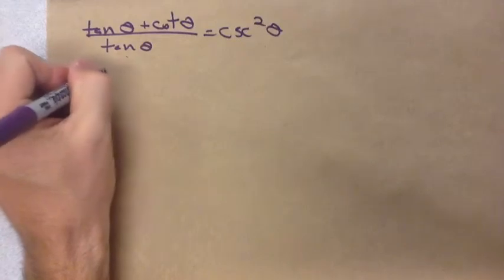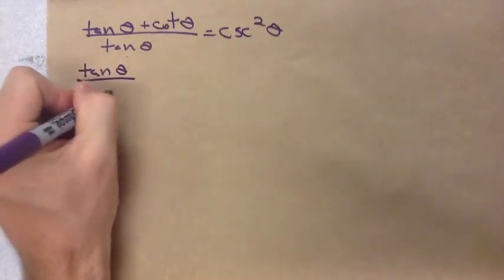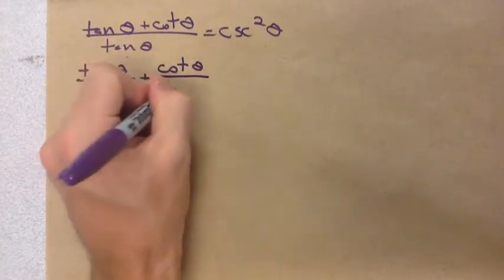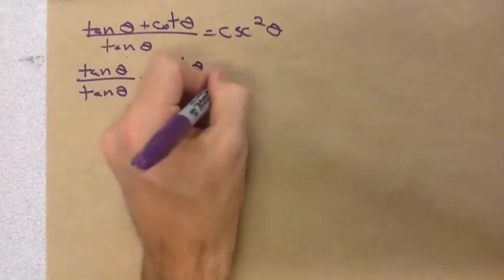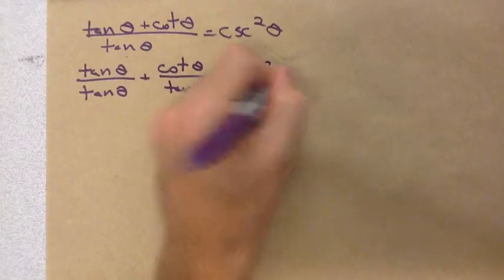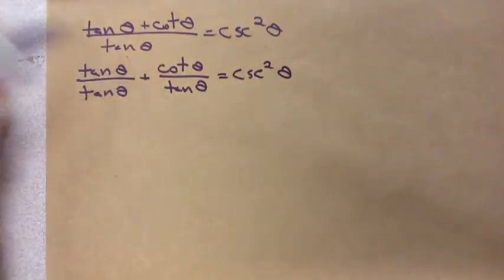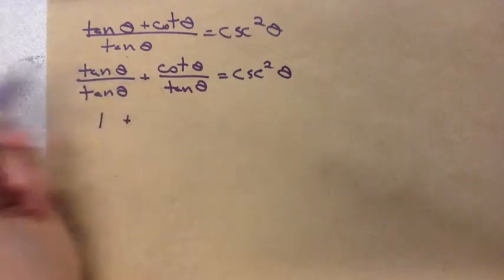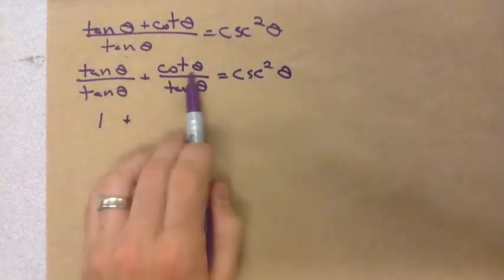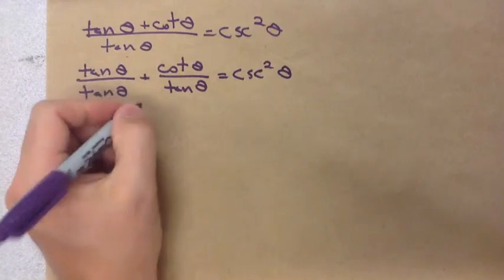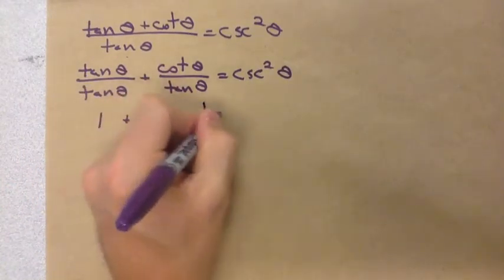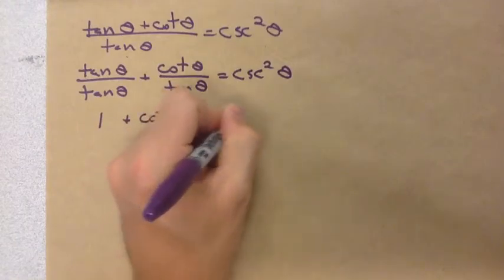I can make it tangent theta over tangent theta plus cotangent theta over tangent theta equals cosecant squared theta. Now, this becomes 1. Cotangent theta over tangent theta, well, that one's a little bit different. So let's think of it as cotangent theta times 1 over tangent theta.